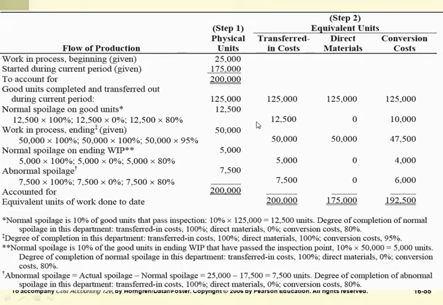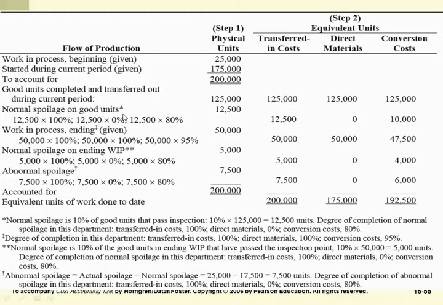Transfer in costs. As this problem, we solve it using the weighted average method. So transfer in costs will be 100% for all line items in the problem. Good units completed and transferred out during the current period, transfer in costs 125,000.